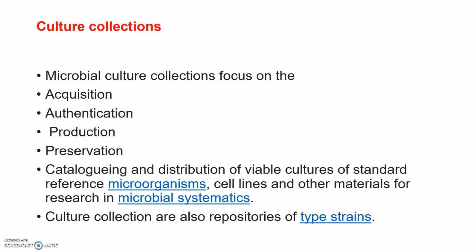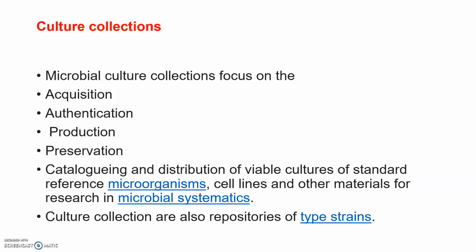So we can preserve that E. coli and produce it by subculturing, and we can say that that is the main strain of E. coli. So cataloging and distribution of viable cultures of standard reference microorganisms, cell lines and other materials for research in microbial systematics, for all of this we are keeping the culture collections.